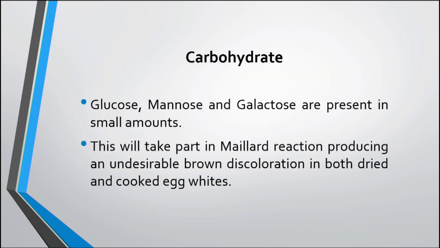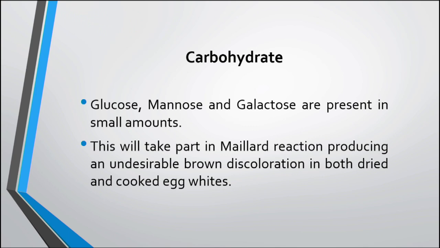The next nutrient present in egg is carbohydrate. Carbohydrate has more types. The carbohydrates present in egg are glucose, mannose and galactose. These three carbohydrates are present in very small amounts.